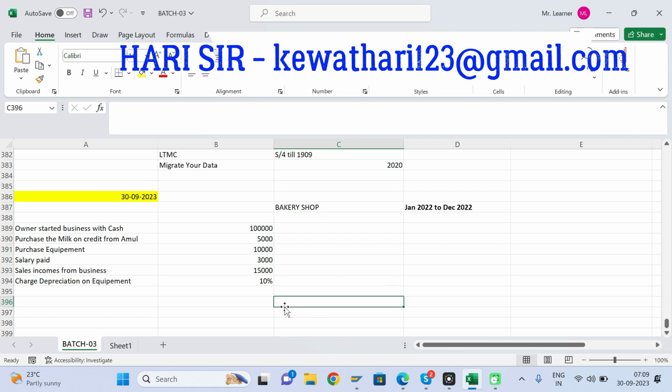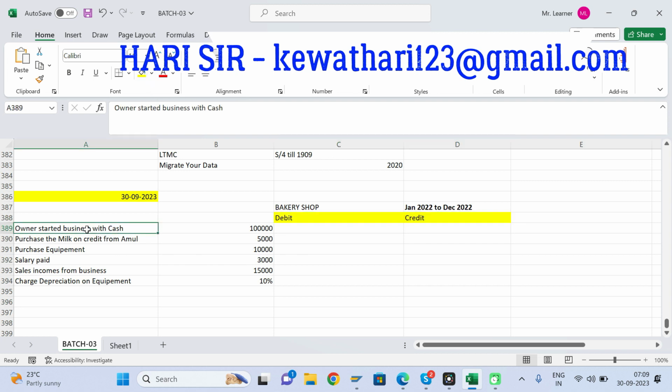So let us prepare. Prior to preparing the profit and loss account, trial balance or balance sheet, you must prepare the journal entry. Okay, so you know that in a journal entry there will be debit and there will be credit. Debit and credit you first have to post.